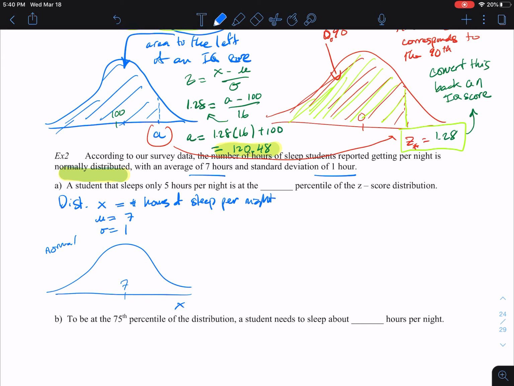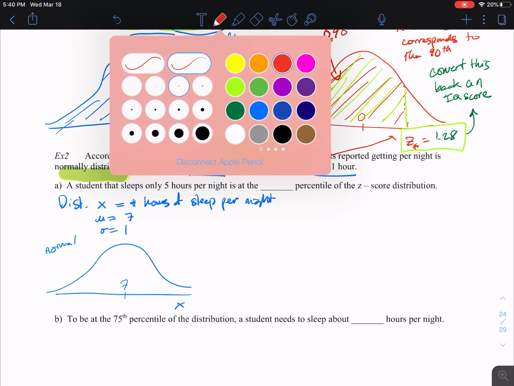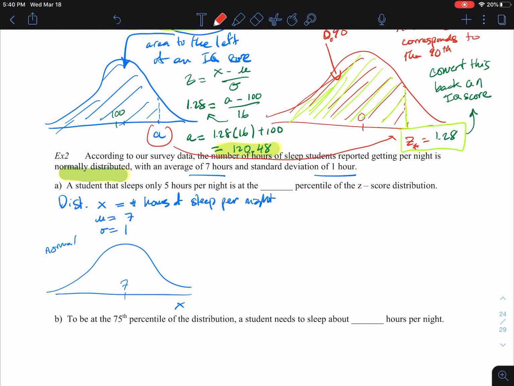We're given that it's normal. Now we're asked to find, if x is 5, if a student gets 5 hours of sleep per night, what percentile is that?